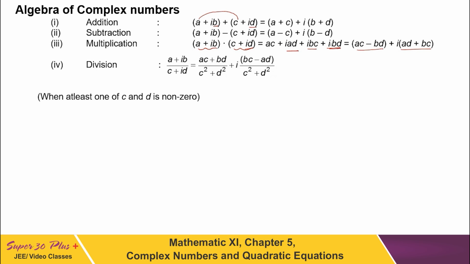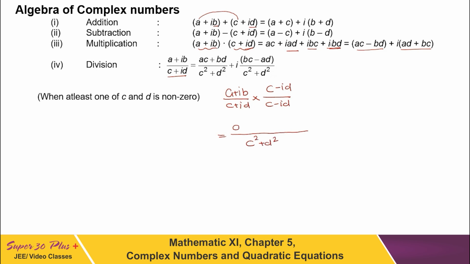And division of complex numbers can be obtained by multiplying by the conjugate of c plus iota d, means c minus iota d, in numerator and denominator. Like this, it is a plus iota b upon c plus iota d, then multiply it by c minus iota d upon c minus iota d. Numerator and denominator can be solved out. The denominator is c square plus d square, because iota square is minus 1.